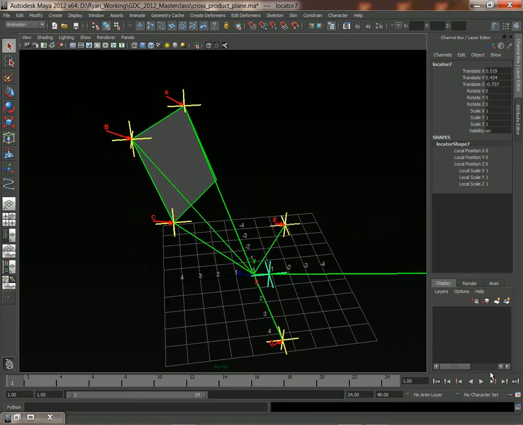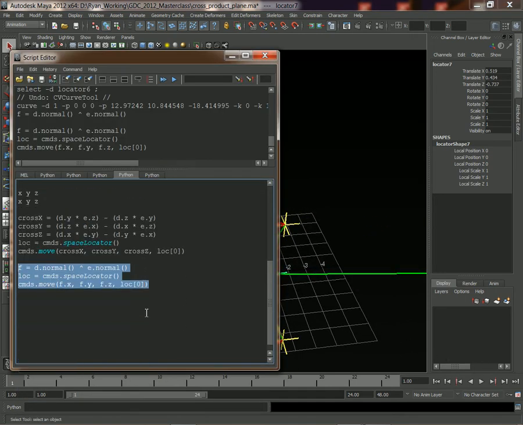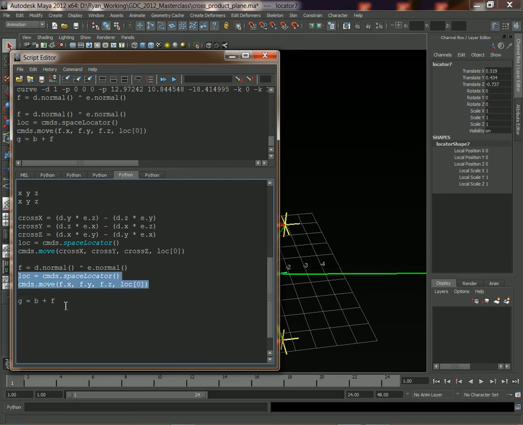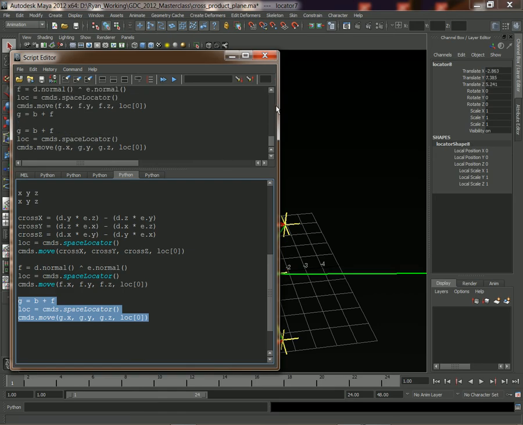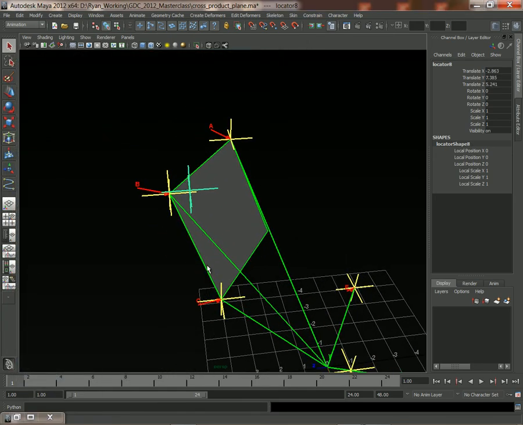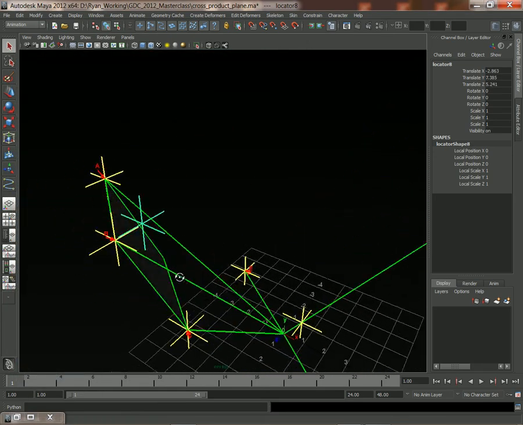And I can add it back on to B very easily. Say G equals B plus F. Replace F with G. Now we get this point up here.